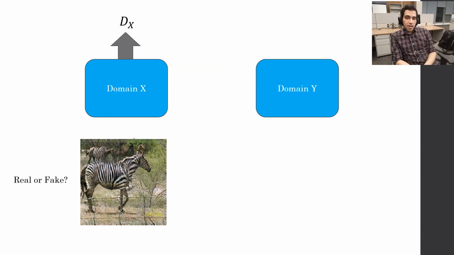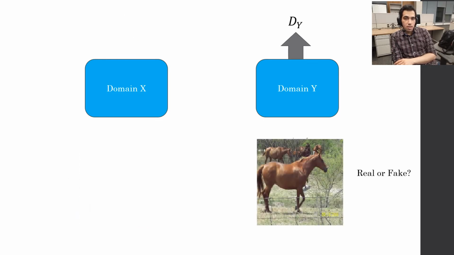Other than that, we have two discriminators called DX and DY. DX detects whether an image from the X domain is real or fake. Here you could see that it should guess if this zebra image is real or fake, which we know is fake because it was just generated from the previous horse in domain Y. And there's also another discriminator over Y, which we call DY, which checks if the image is real or fake.